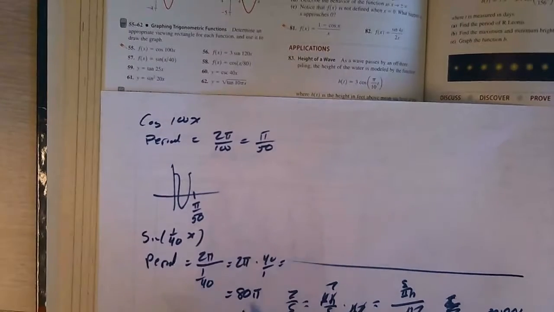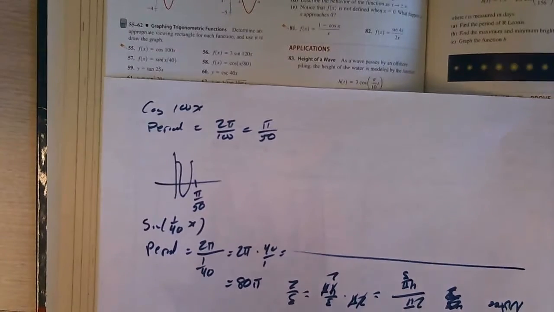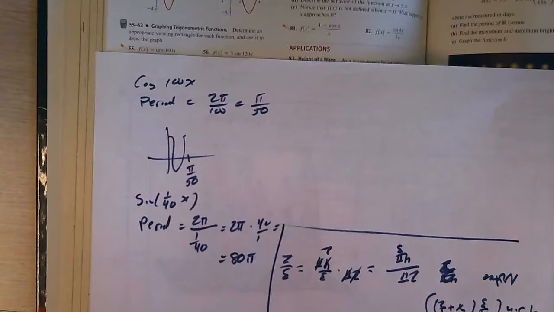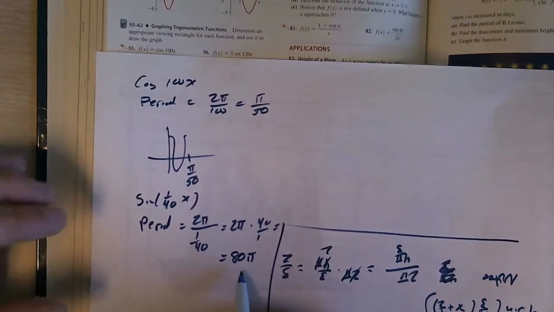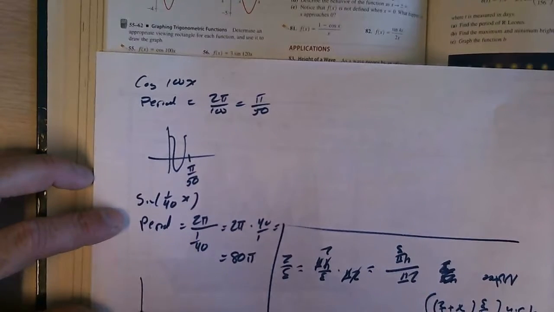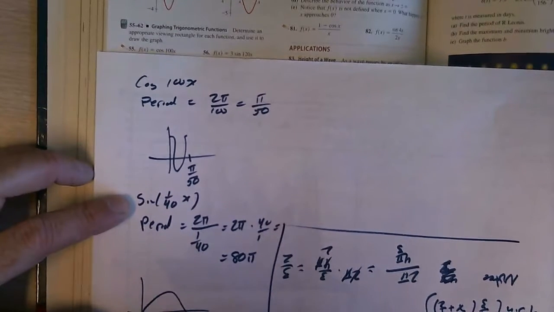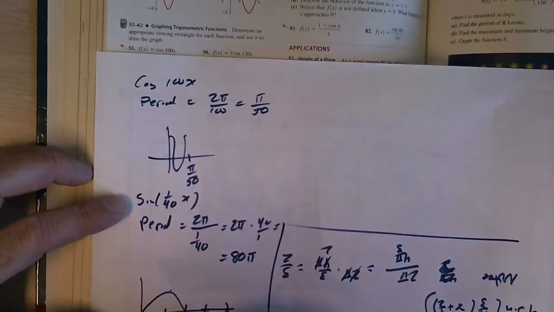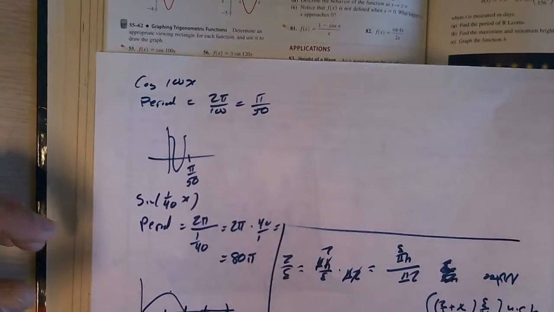Now that's pretty big. That's like 3 times 80. That's a big number. So your viewing rectangle is going to have a lot of values of x, but still it's a sine curve. One cycle is going to be all the way out from 0 to 80 pi. 40 pi would be right in the middle, 20 pi would be the high point, 60 pi would be the low point there.